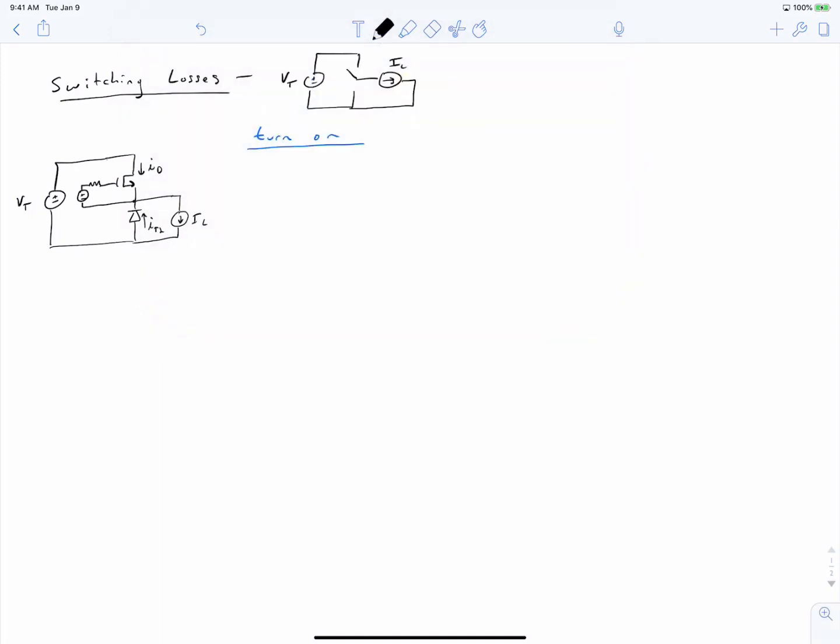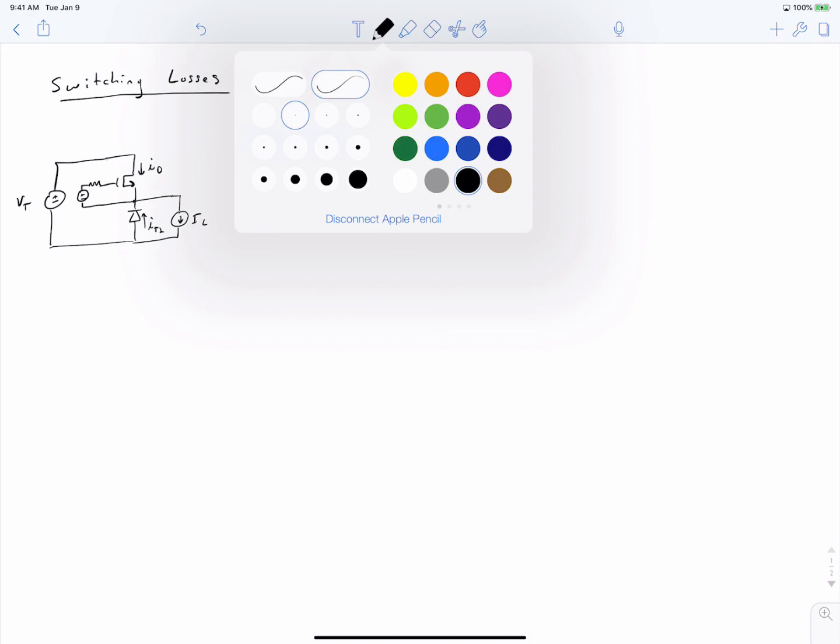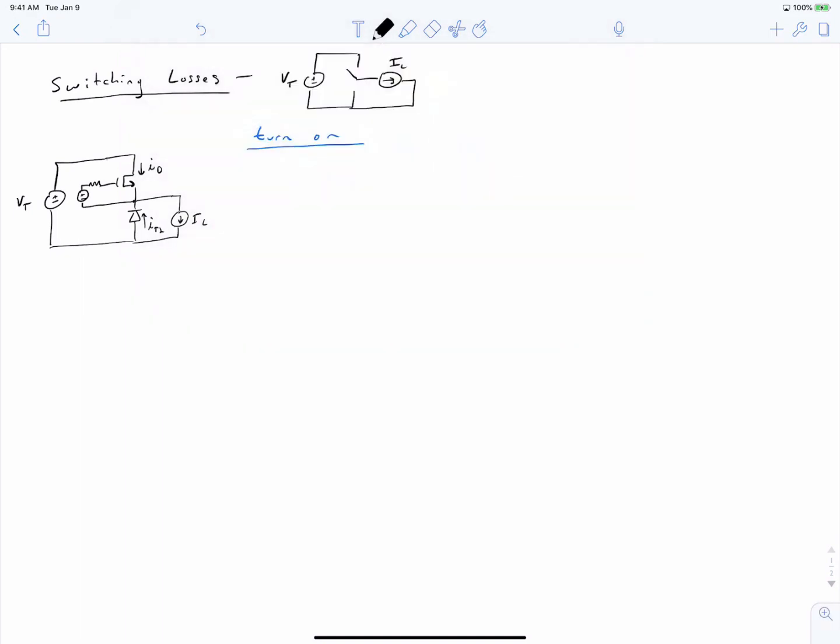When we go to turn this device on, we're in a state where the diode is conducting the total current of IL, and the MOSFET is completely off. And we can plot our IV characteristics of the MOSFET. Each of these lines corresponds to a different gate source voltage.